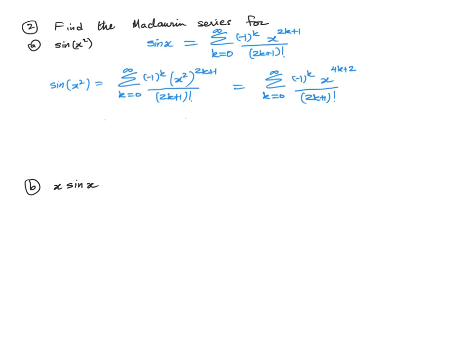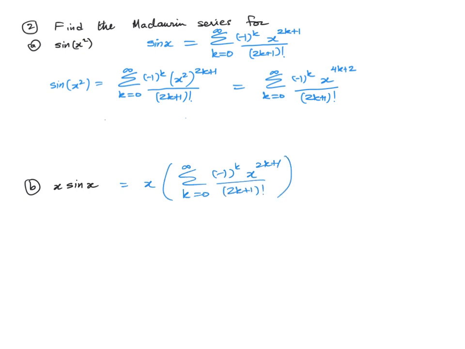So first of all, again, I use the fact that I know that sine x is this series. So x times sine x is going to be x times this series: x times sigma as k goes from 0 to infinity, negative 1 to the k, x to the 2k plus 1 over 2k plus 1 quantity factorial.